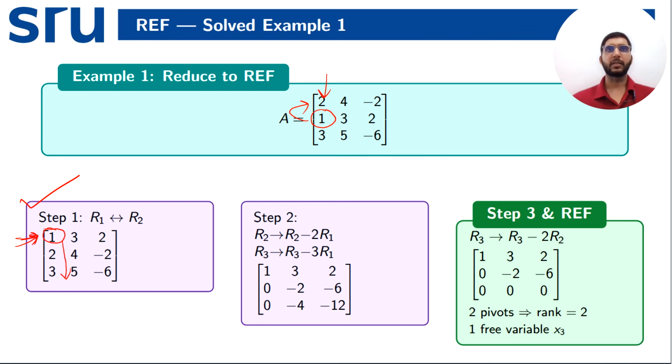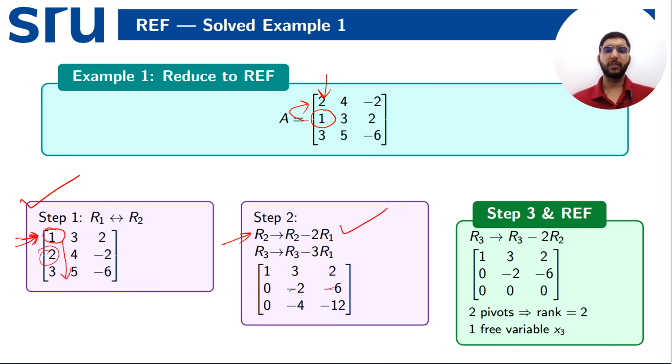So let us try it. We will eliminate the entries below the pivot using row replacement, or row transformations. This means we subtract multiples of the first row from other rows. We applied operations like R2: it had 2 here, so we applied R2 minus 2 times R1, which changed the second row to 0, minus 2, and minus 6.